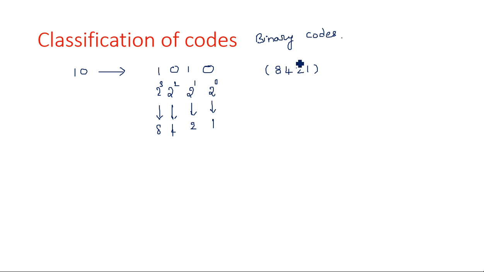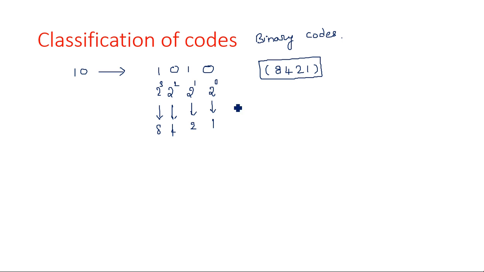It is a format or coding mechanism to represent a particular decimal number. Here we have ones in the 8 position and the 2 position, that means 8 plus 2, and the remaining two are zeros. We write it as 1 into 0 plus 2 into 1 plus 4 into 0 plus 8 into 1. So 8 plus 2 is nothing but 10.